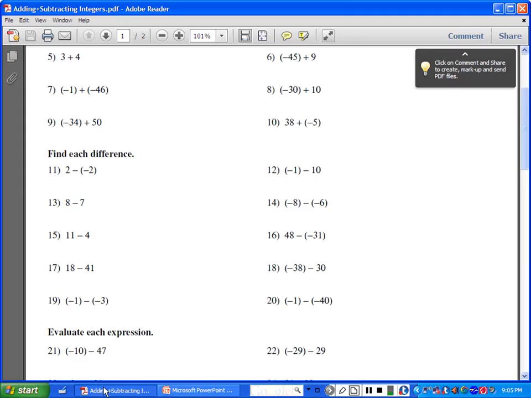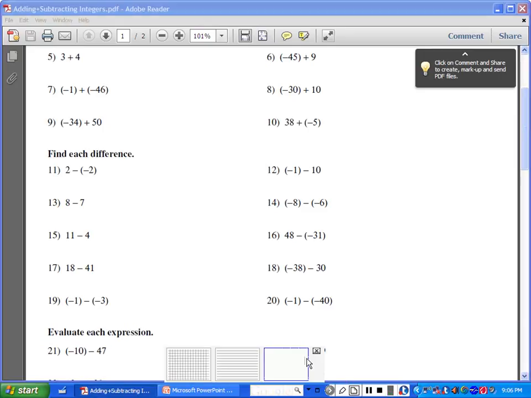Let's try number 17. 18 minus 41. Subtraction problem. So we're going to change that minus sign to a plus sign.